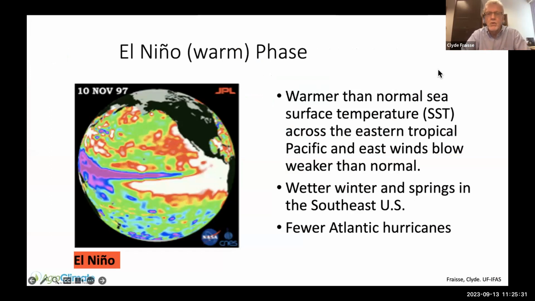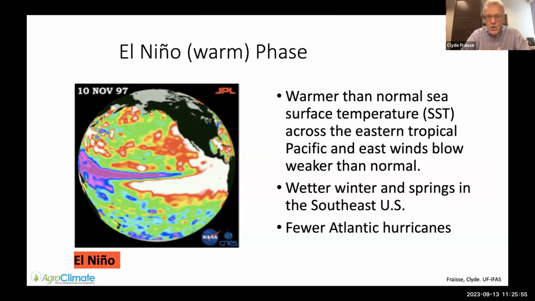Most of you probably already know about the El Nino, but El Nino is a warming of the Pacific Ocean in the tropical area here that happens every 2 to 7 years. And what this one shows is a big El Nino that happened in 97, 98.